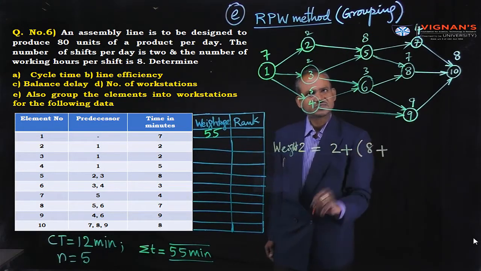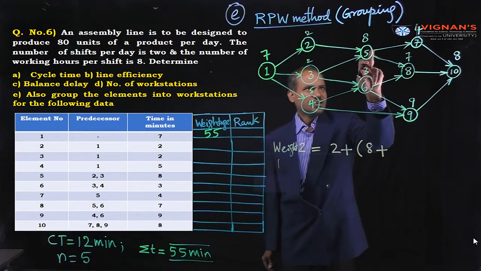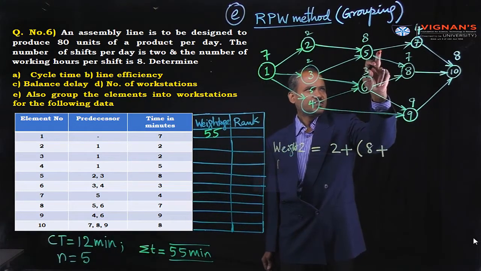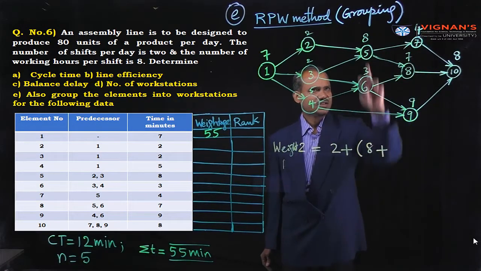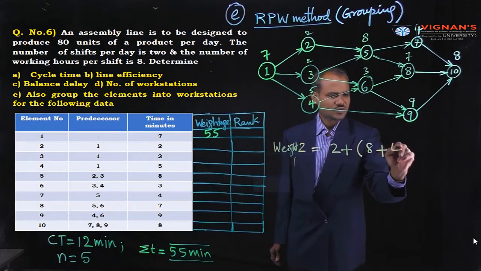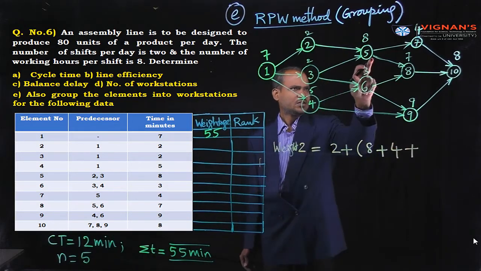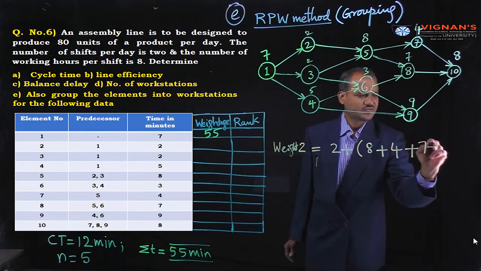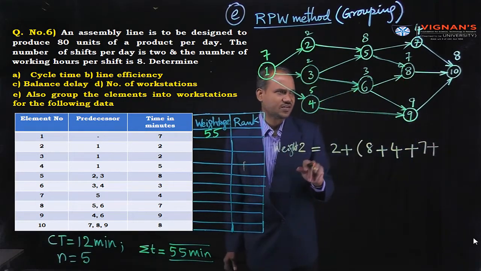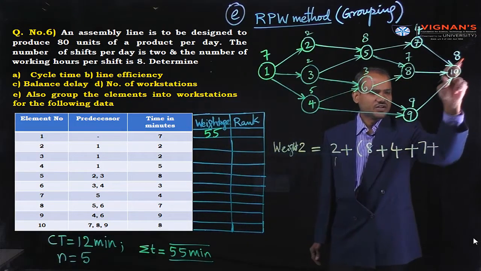For 5, 7 is the successor, 4. Element number 8 is also a successor, and the last one is 10, which is 8.